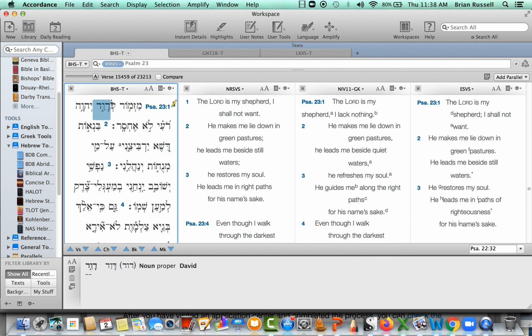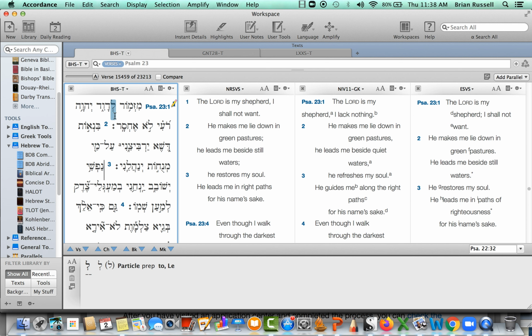And then, if you wanted to analyze something, we do have a prepositional phrase, le David. So this is the preposition lamed, and all the prepositions are 4.1. And so if you go back to 4.1, I think it's 10, but let me just double check. 4.1.10 lamed.